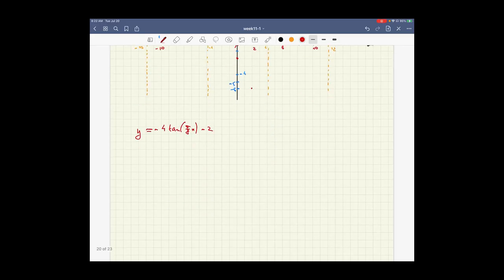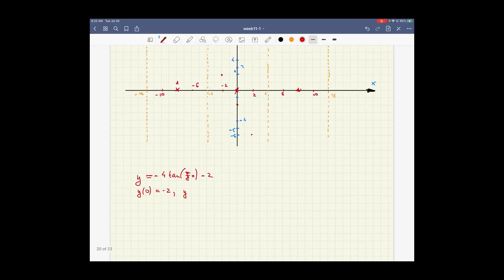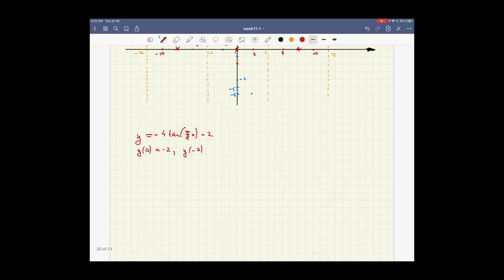Let's see if that's actually true. Y of 0 is -2 indeed. Y at -2 is -4 times tangent of pi over 8 times -2 minus 2. That's -4 times tangent of -pi over 4 minus 2. That's -4 times -1 minus 2.